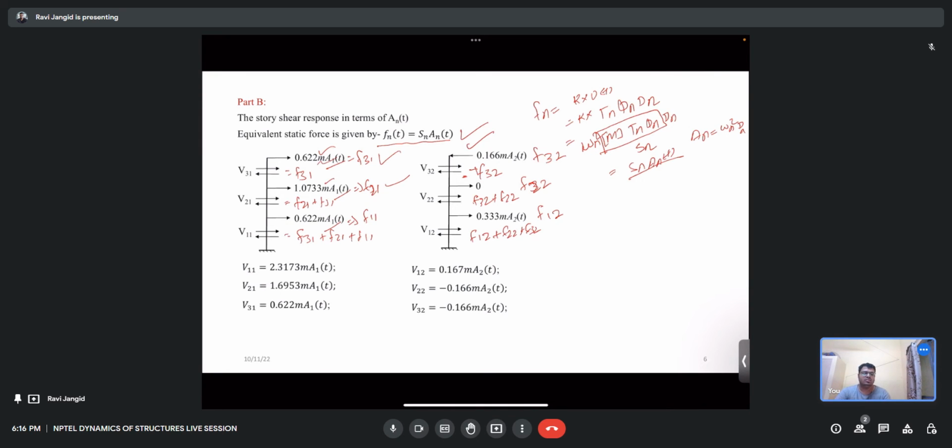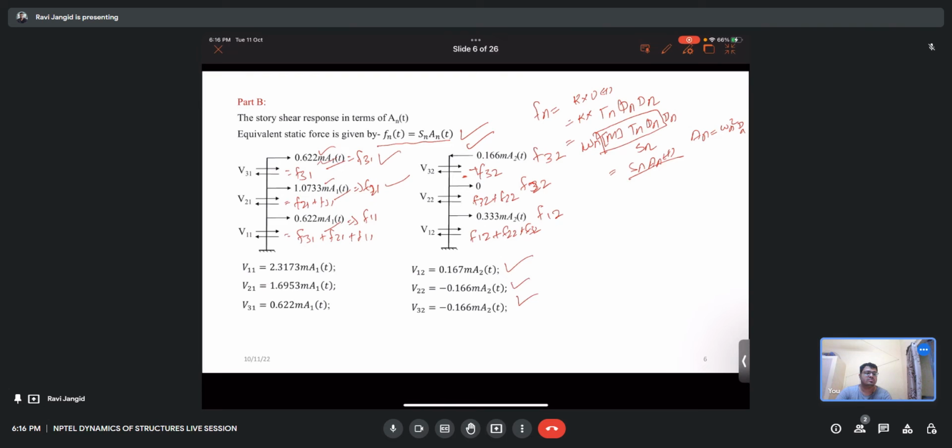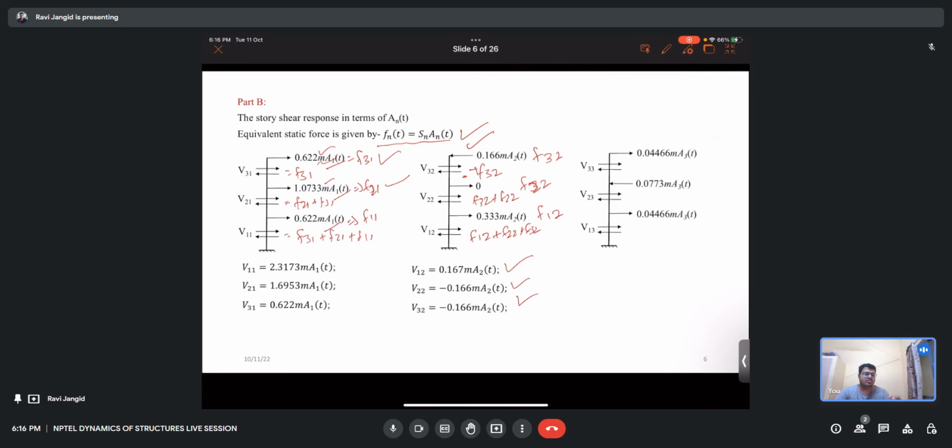This way we can get V12, V22, V32. Similarly you can get for the third mode, corresponding to F33, F23, F13.